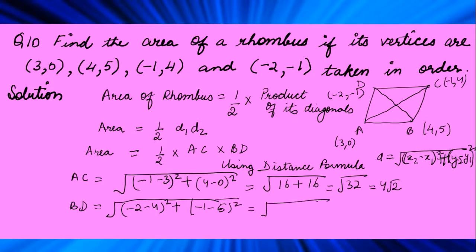So -2 minus 4 is -6, (-6) square is 36, plus -1 minus 5 is -6 and (-6) square is 36, so this is under root 72, or you can write it as 6 root 2.